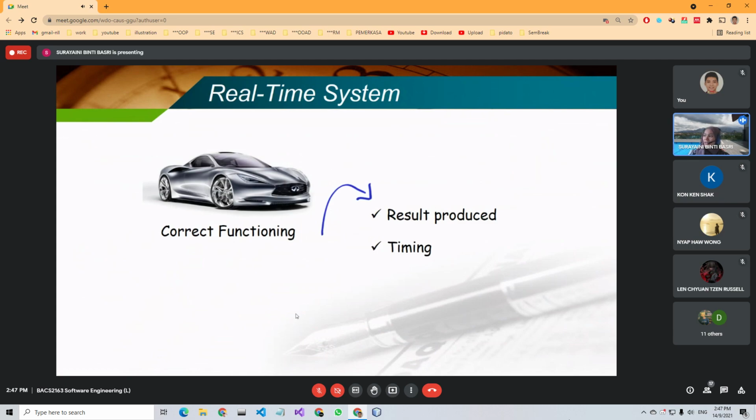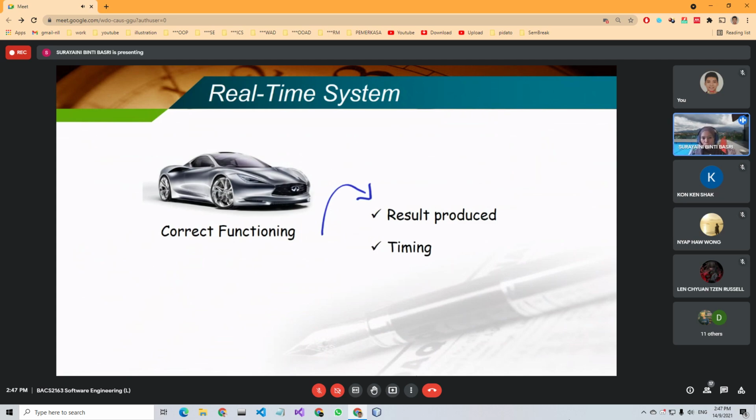Meaning that the system will give a result produced based on some external event, trigger or stimulus, but it will give the result in a specified time.